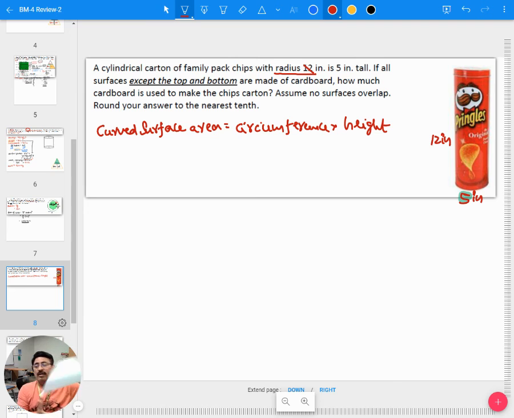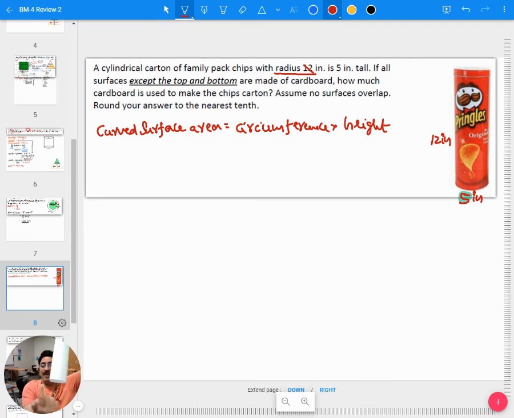Again, I'm repeating. If I roll it, this is the shape. But if I stretch it, it is a rectangle. So what is the area? You know that it is length times width. But when I roll it, the length becomes a round shape, which is the circumference of a circle, and the width becomes the height of the pack.